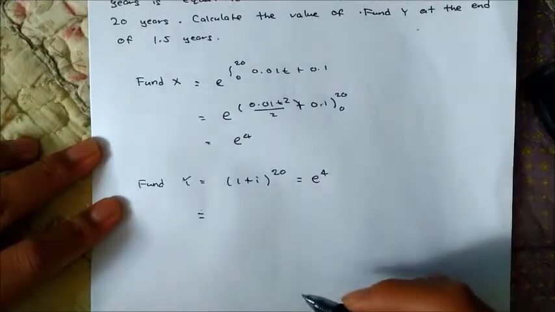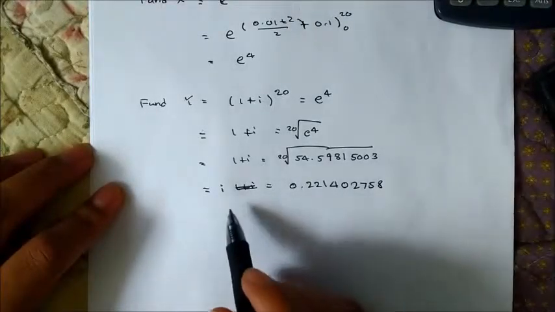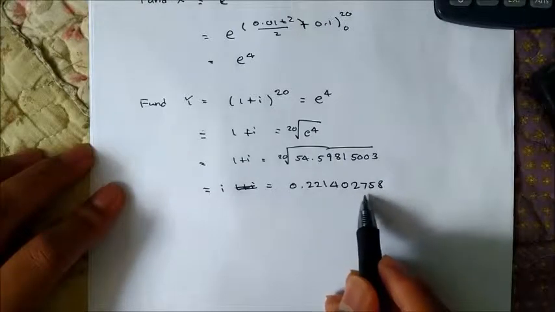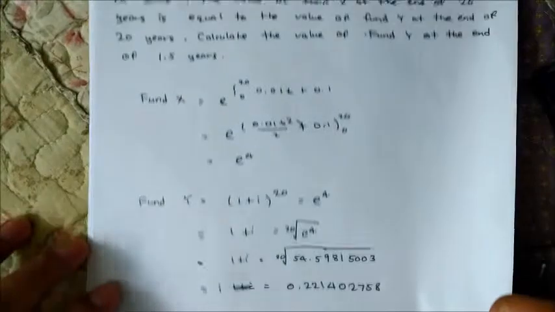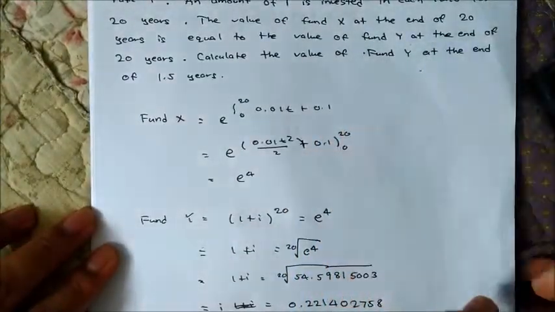Therefore, we will get i equal to 0.2214022758. Okay, refer back to the question. The question wants the value of Fund Y at the end of 1.5 years.